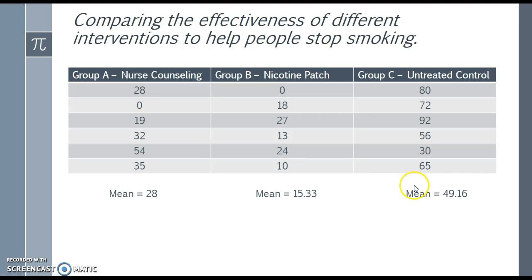And respectively for group C, the number of cigarettes smoked for that month for all participants was 49.16. Now with that said, this demonstrates, just looking at this chart and looking at the means, the frequency distribution. However, it does not tell us if there was a statistical difference between the groups, and that's where running an ANOVA analysis comes into play.